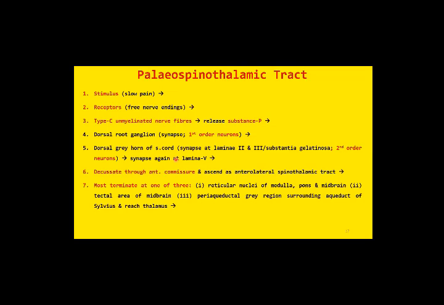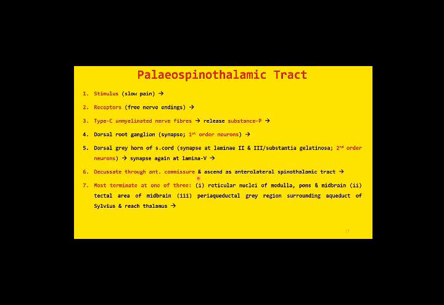Only few terminate at the cerebral cortex. So unlike the neospinothalamic tract, most of the fibers terminate in the brainstem and the thalamus. Only few of the fibers ascend to the cerebrum.